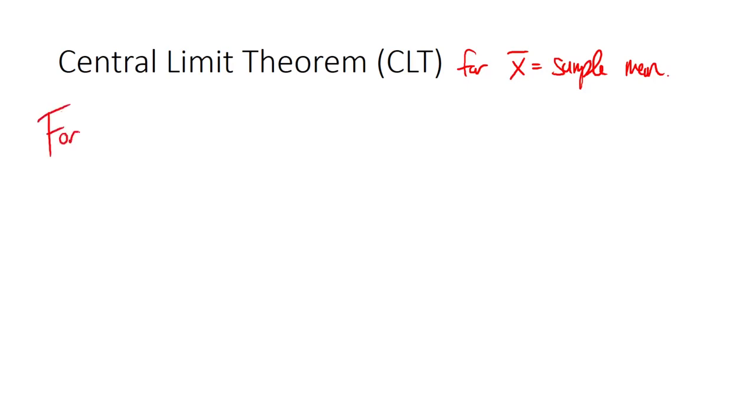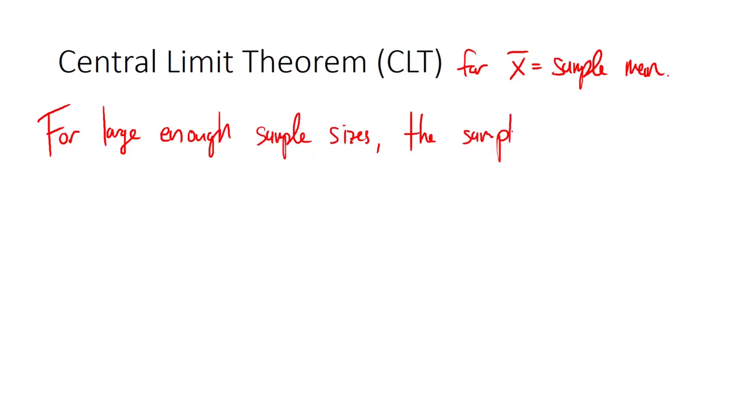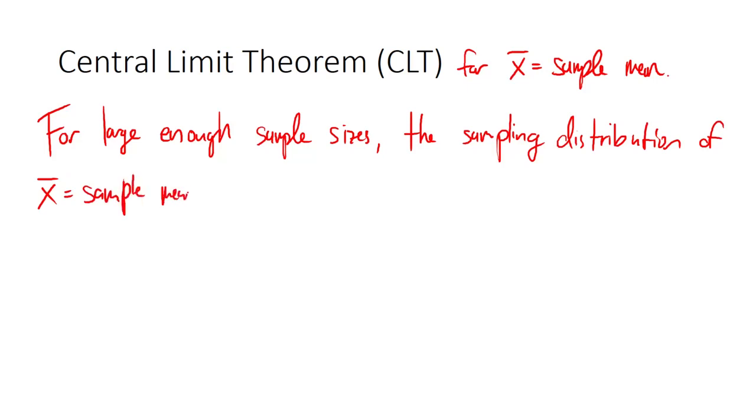You probably wrote it yesterday if you were here, but the idea was that for large enough sample sizes, the sampling distribution, meaning the shape, the center, and the spread, of x bar, which is the sample mean, will be approximately normal.